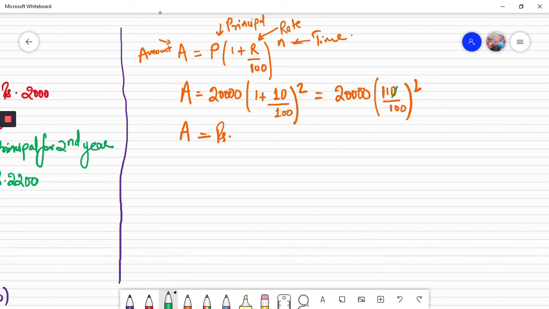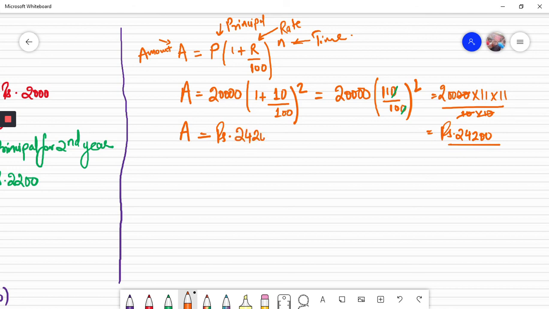So this will be further written as 20,000 into 11 into 11 whole upon 10 into 10. Take two zeros out. So 11 into 11, that is 121, into 200 is rupees 24,200. So I'm just mentioning the value 24,200 here again.